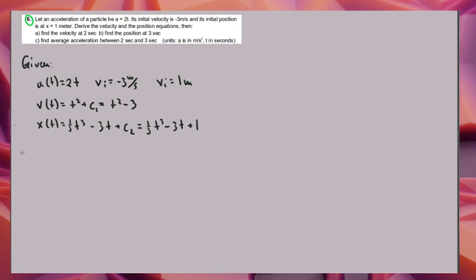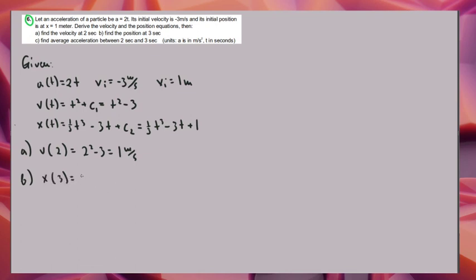All right, so now for part A, find velocity at 2 seconds. That would just be v at 2, which is 2 squared minus 3, and that gives me 4 minus 3, 1 meter per second. For part B, find position at 3 seconds. That would be x at 3.